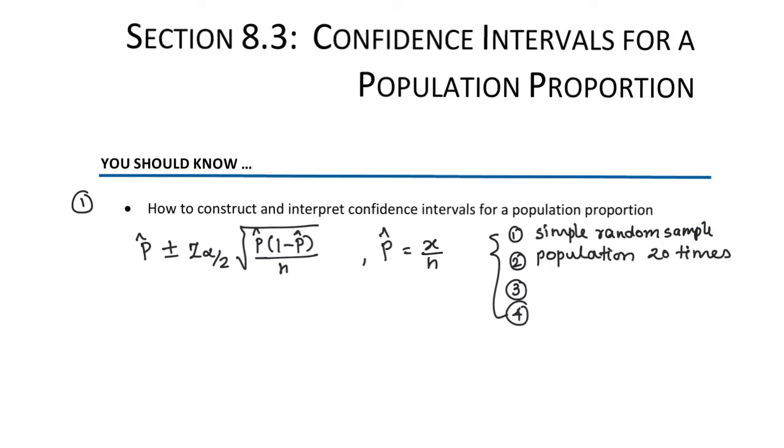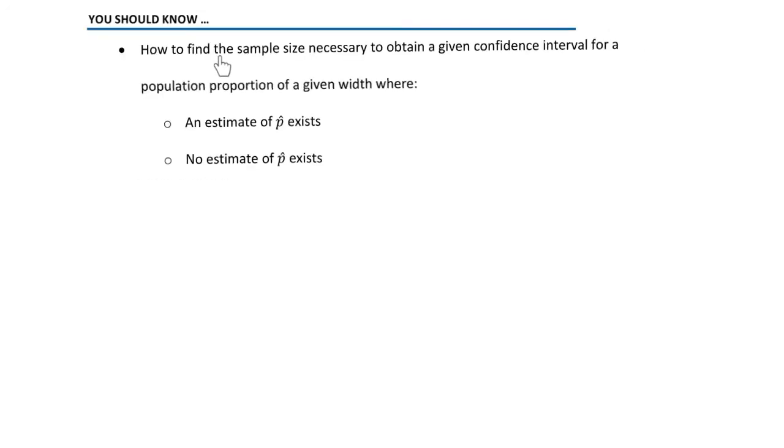Items in the population are divided into 2 categories and the sample must contain at least 10 individuals in each category. Then you learned how to find the sample size necessary to obtain a confidence interval for a population proportion of a given width when p hat exists and when p hat is not available.